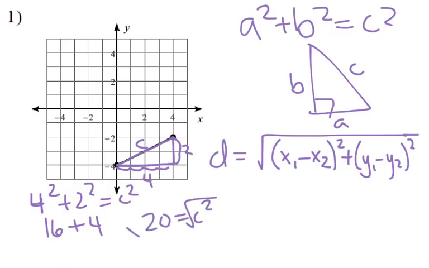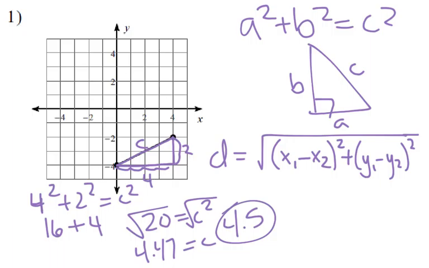Take the square root of that. We could leave it as square root of 20, technically you can reduce that, but let's just go with the decimal. It probably tells you to round to the nearest tenth in the homework. The square root of 20 is 4.47, so 4.5.